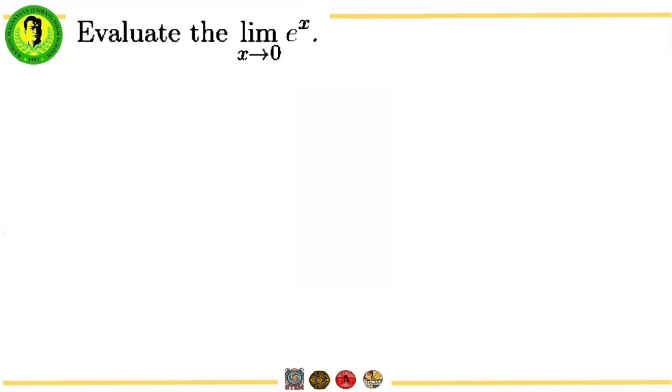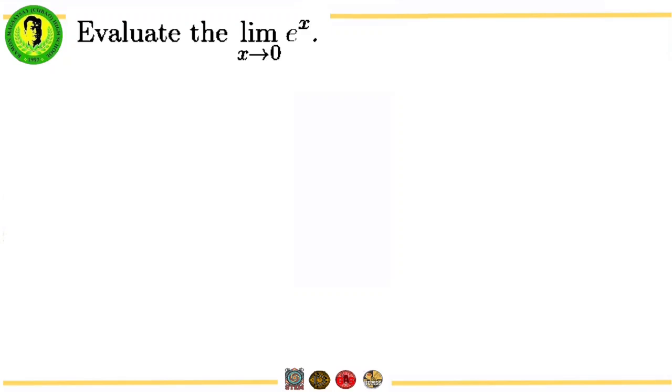Based on our previous discussion, we can evaluate this using direct substitution. If we substitute 0 into e raised to x, it becomes e raised to 0. Logically, any number raised to 0 is 1, right?